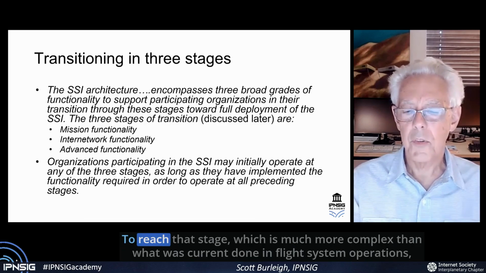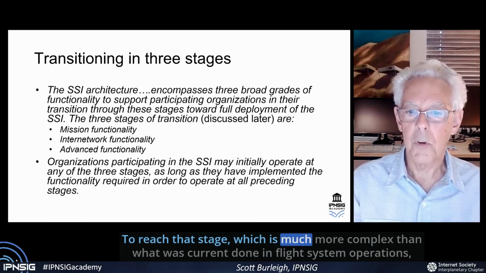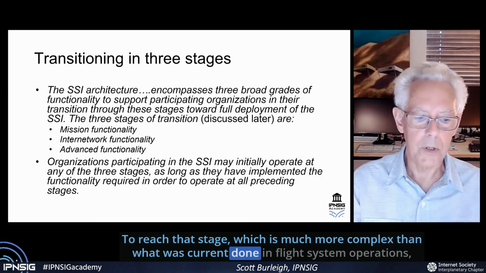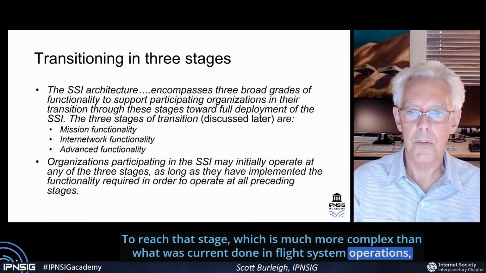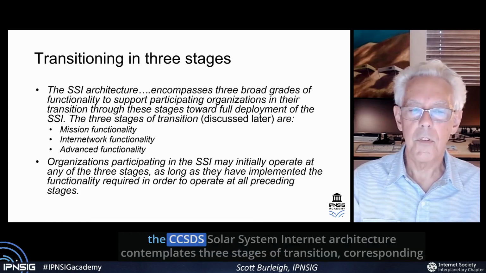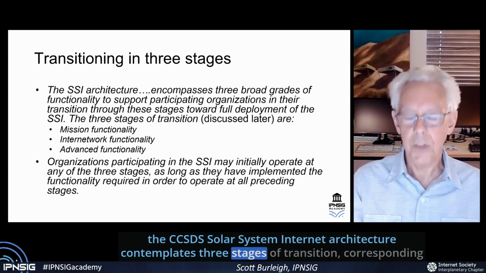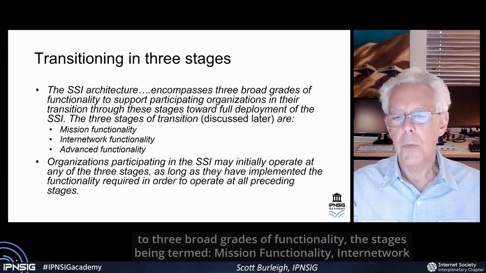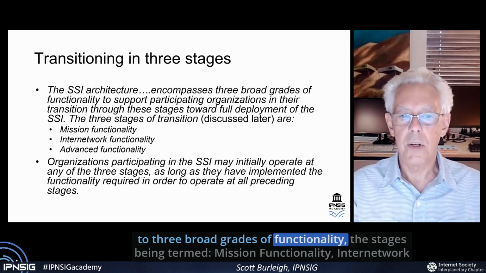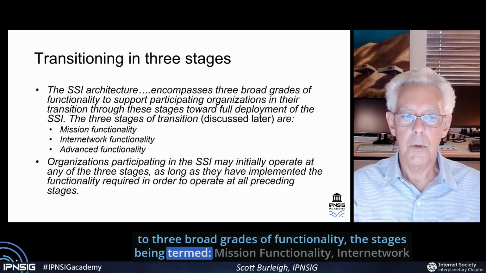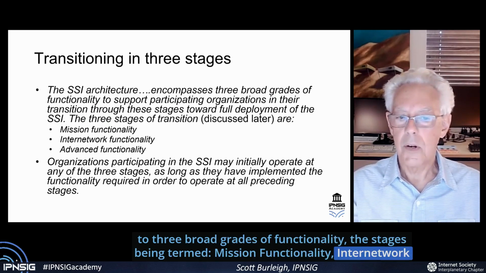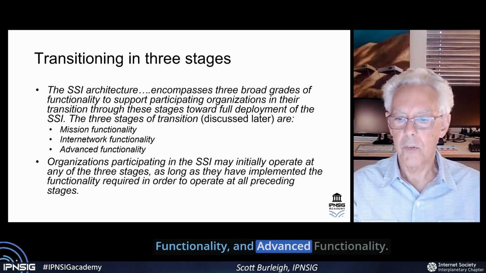To reach that stage, which is much more complex than what is currently done in flight system operations, the CCSDS solar system internet architecture contemplates three stages of transition, corresponding to three broad grades of functionality. The stages being termed mission functionality, inter-network functionality, and advanced functionality.